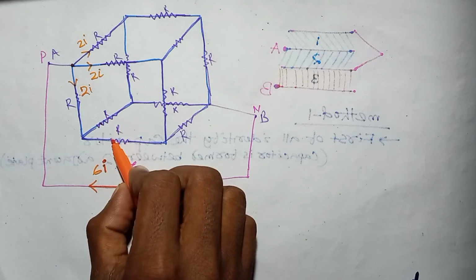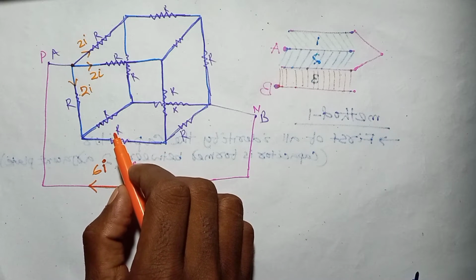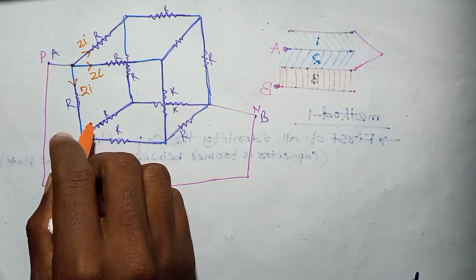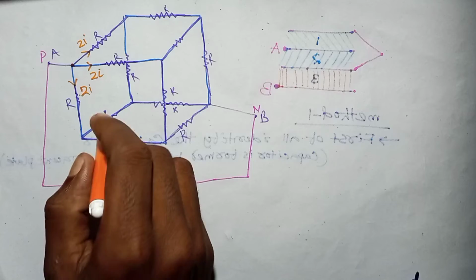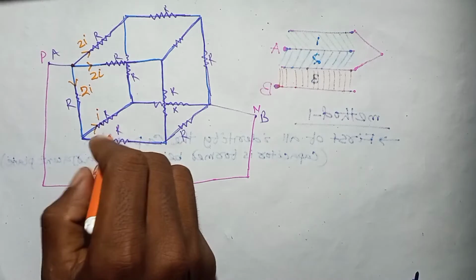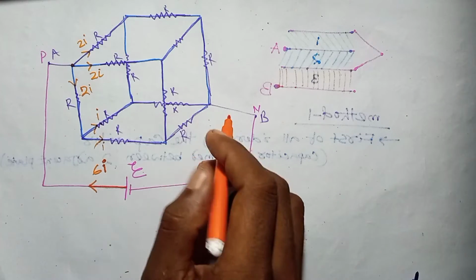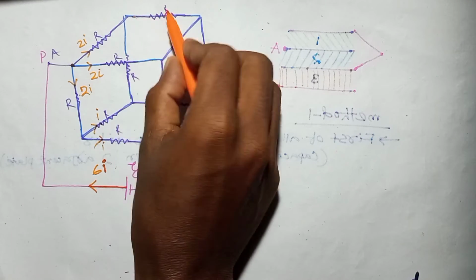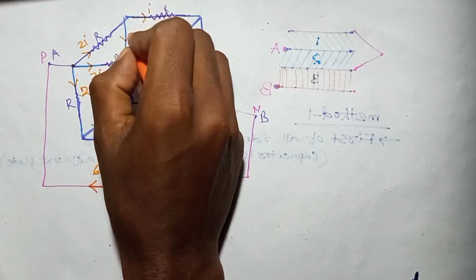As these 2 branches are exactly equivalent, the same current will flow through these 2 resistors. So I current will flow through these resistors and I current through these resistors. Similarly this 2I current will get divided into I and I.